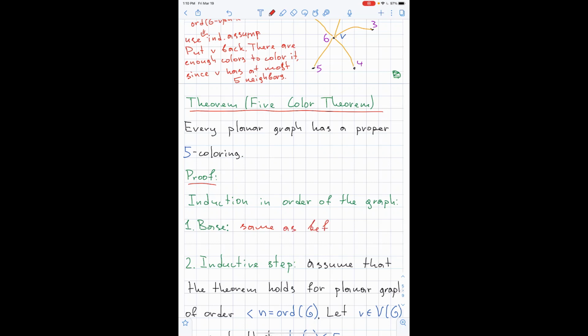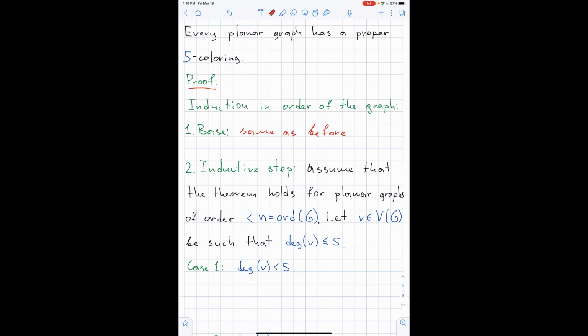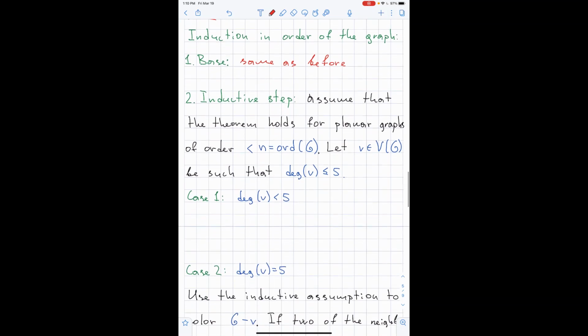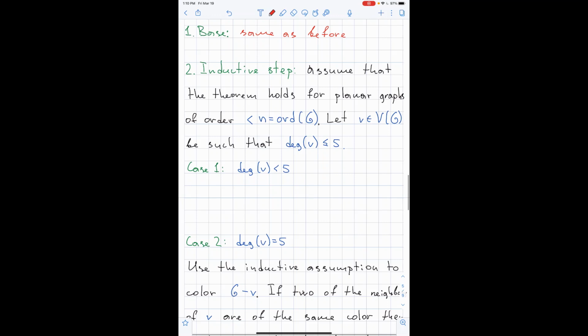So if we have less or equal than 5 vertices, we can just color the vertices without using the same color twice, and that's going to be a proper coloring. Now the inductive step. Once again, we assume that the theorem holds for planar graphs of order less than n, and we take a graph of order n.